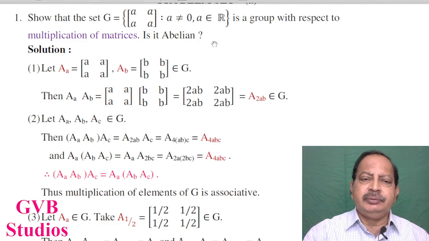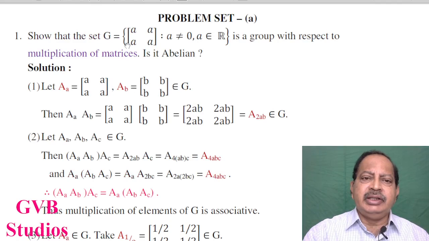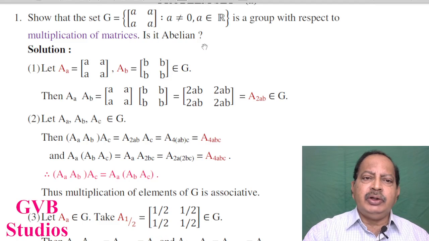Is it abelian? Here we are taking a set G, the set of all 2 by 2 matrices, where there is a single element a in all the 4 places, and a is a non-zero real number. We have to show that this set G is a group with respect to multiplication of matrices, and there is a tag: is it abelian?